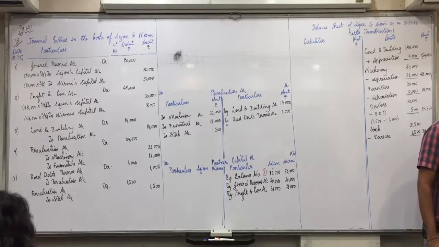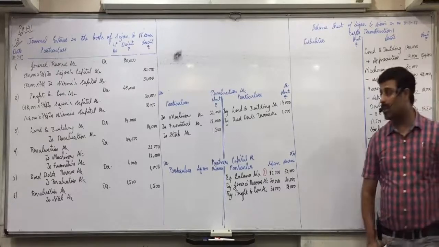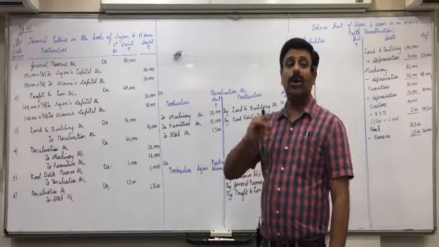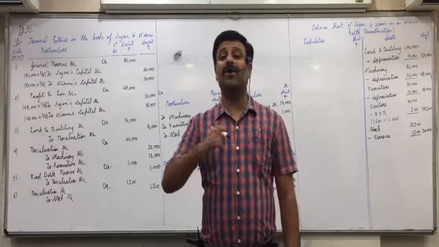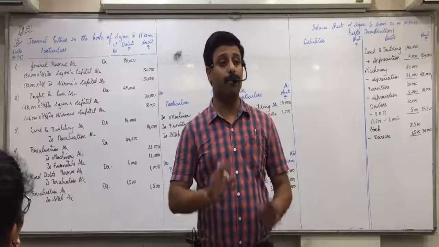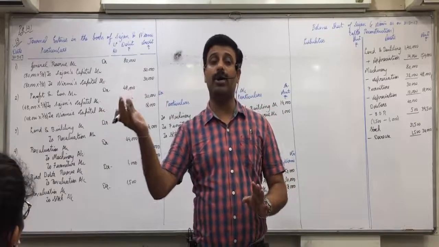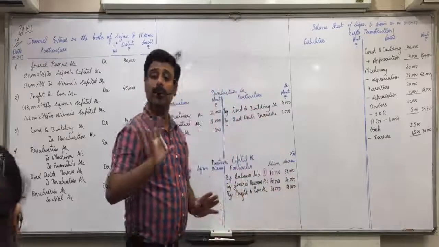1500 out of creditors is now not to be paid, which is to be recorded in the books. Now, we don't have to pay to creditors, so it is our profit. Profit means credit revaluation, and what will debit is creditors account.